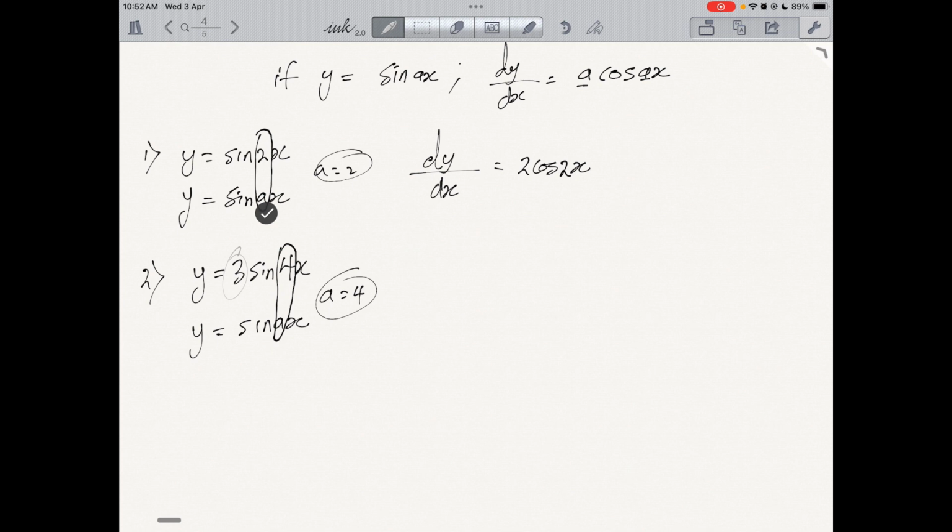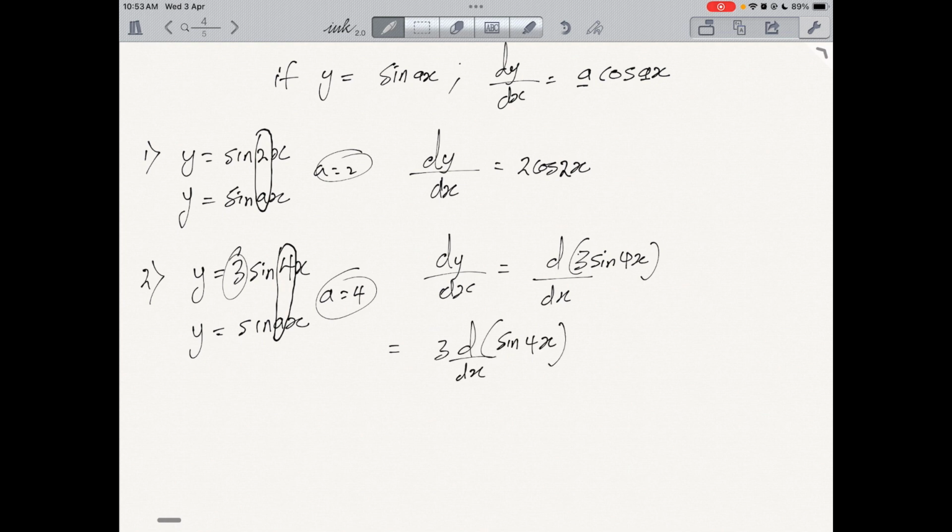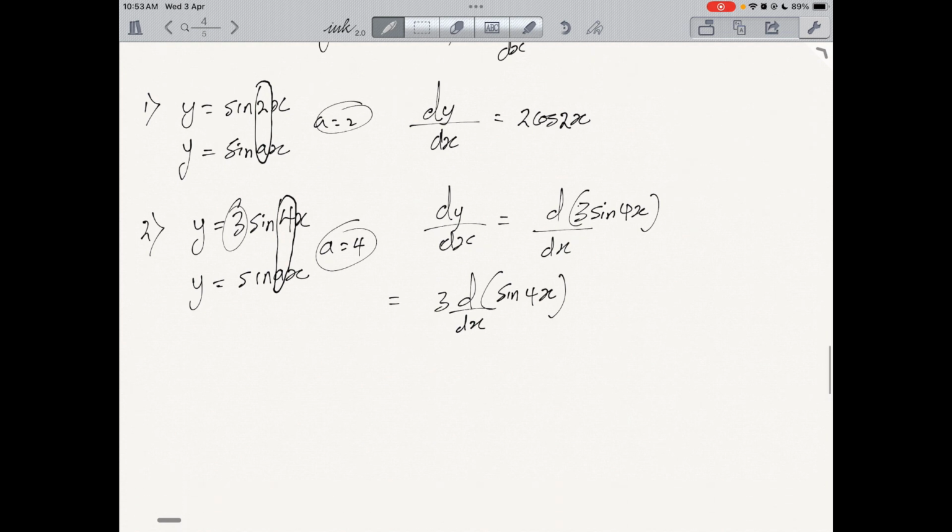Now if we want to evaluate dy/dx, which is d/dx of 3 sine 4x, this is equal to 3 d/dx of sine 4x. Now we can see that this 3 here became a scalar multiplier to the differential of sine 4x.